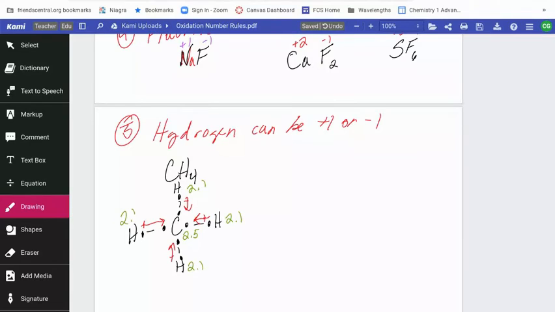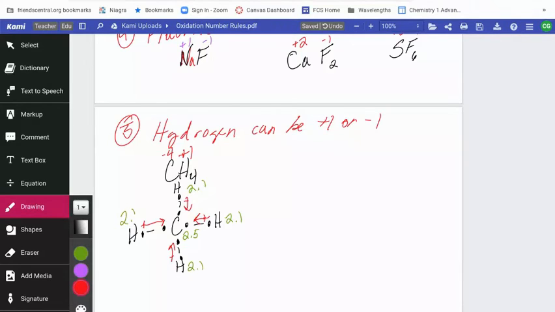In this case, the hydrogens become a +1 because they're losing that 1 electron, sometimes slightly, to carbon. And the carbon is going to be a -4 because it's going to gain 1 from each of those hydrogens. So this is a situation where the hydrogens are a +1.